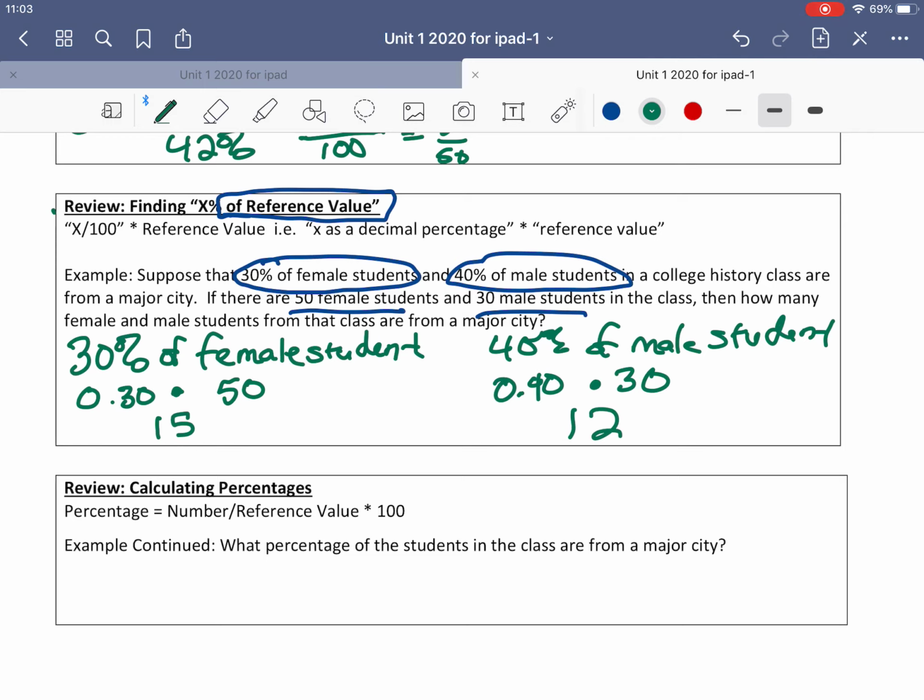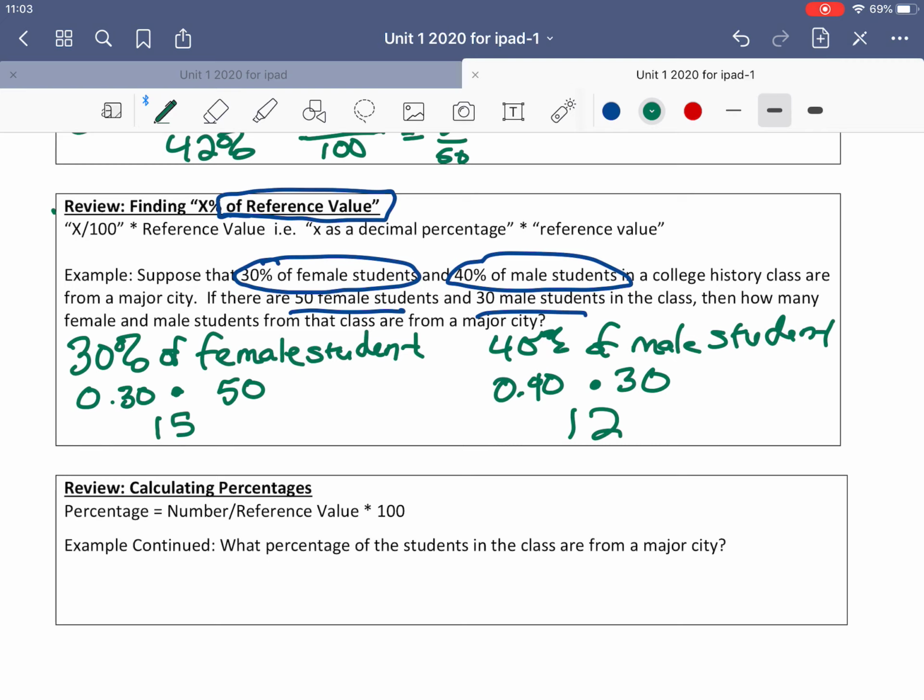Don't get comfortable with using it. The programming of it is really funky, and it won't help you later in the finance section. So there are 15 female and 12 male students, or a total of 27. We aren't given any other subgroups in this class, so we're going to assume there's just those two. That's finding parts given percents and wholes.